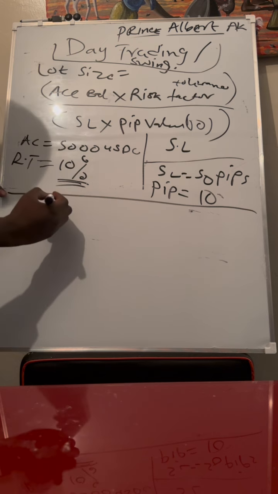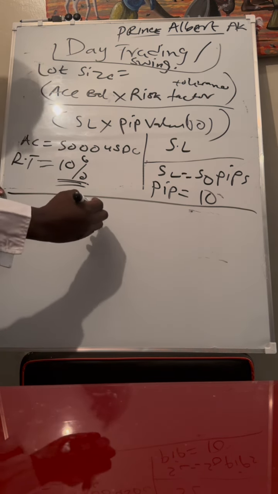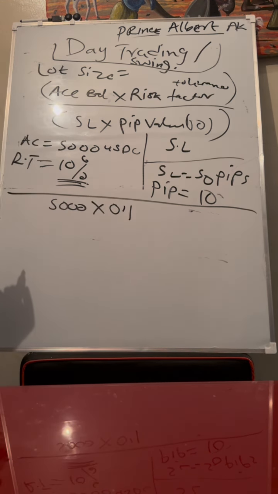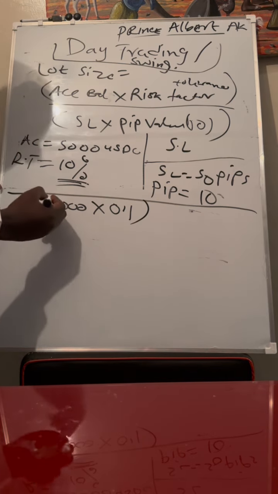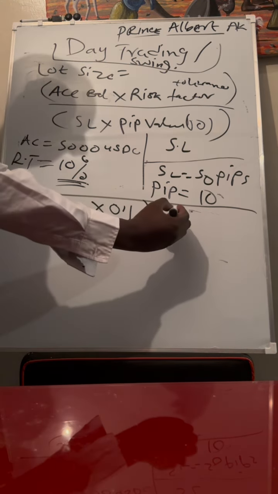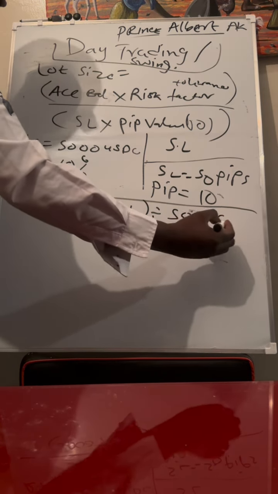Lot size will be account balance 5,000 multiplied by our risk factor, 10% which equals 0.1, all divided by our stop loss, which is 50 pips, times pip value, which is 10.